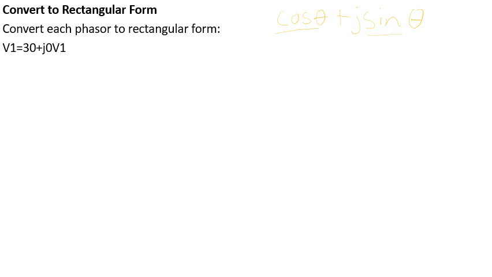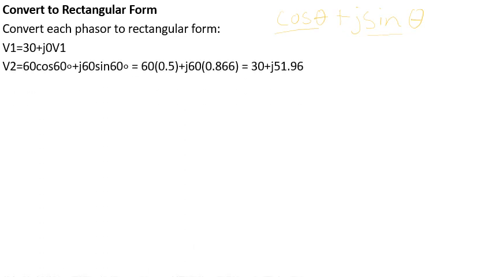Converting it becomes 30 cos 0. Then to convert V2, we do the same thing. V2 was 60 angle 60, so it becomes 60 cos 60 plus j 60 sine 60.